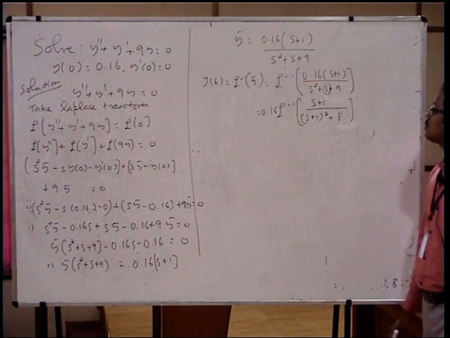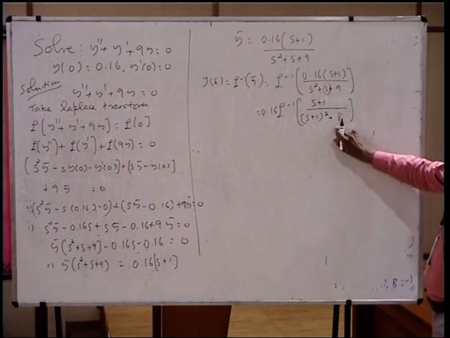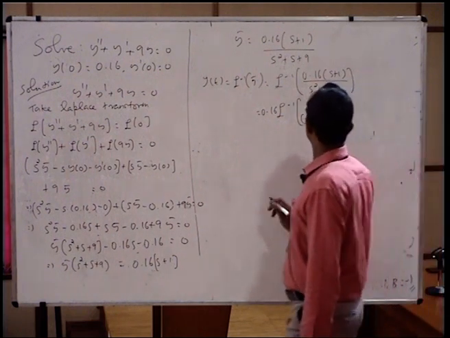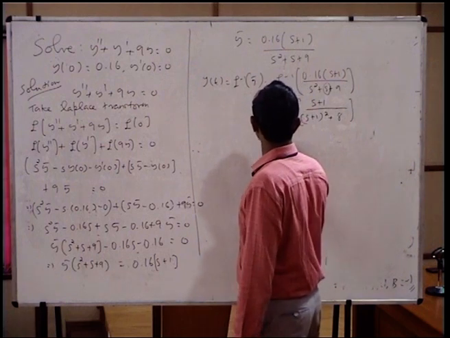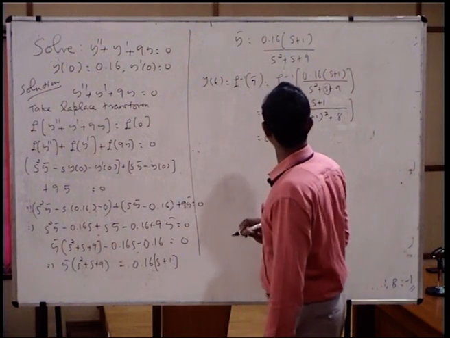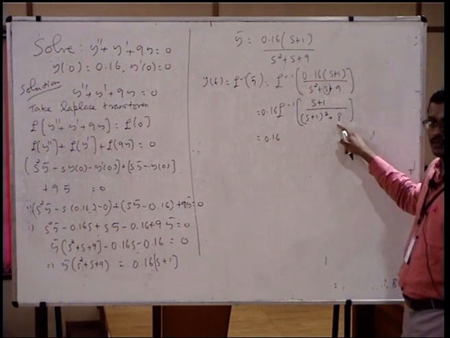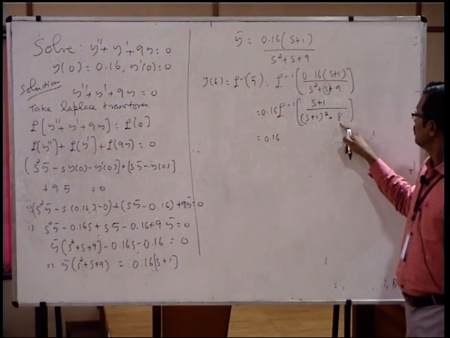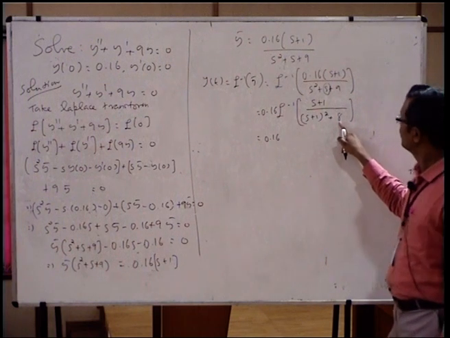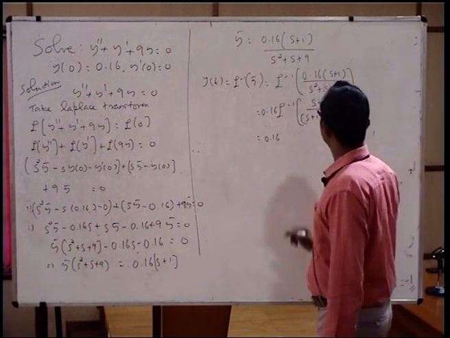The constant is 9. So s square plus s plus 1 plus 8. Therefore, this is 0.16 into, here I can write 8 as root of 8 square.